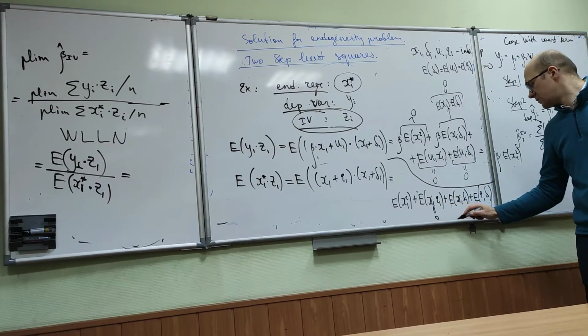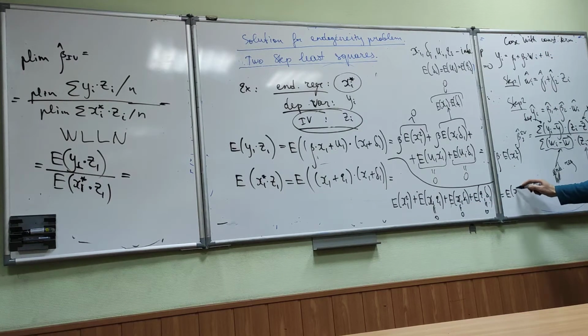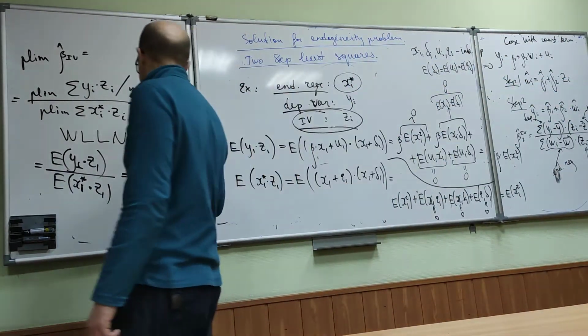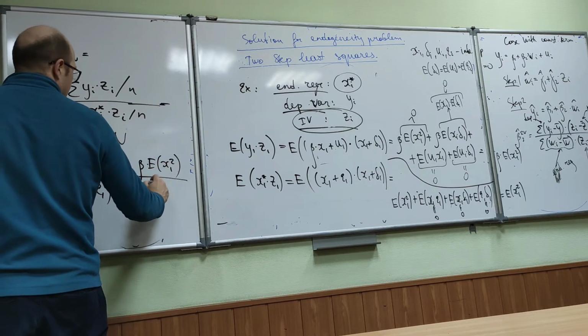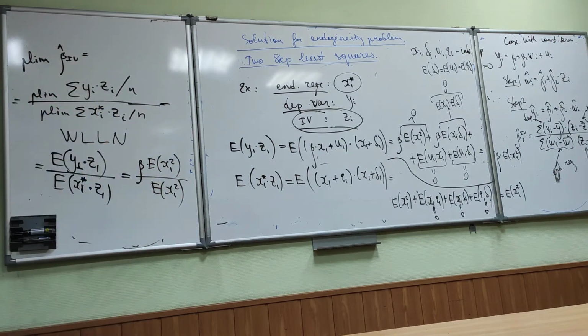This is 0, this is 0, this is 0, and this is the expected value of x1 squared. Finally, this simplifies to beta times the expected value of x1 squared divided by the expected value of x1 squared, and that happens to be beta.